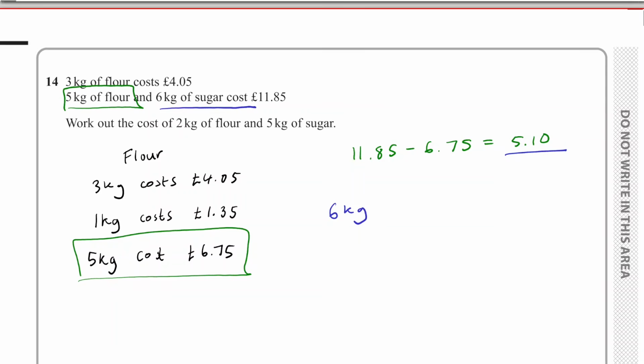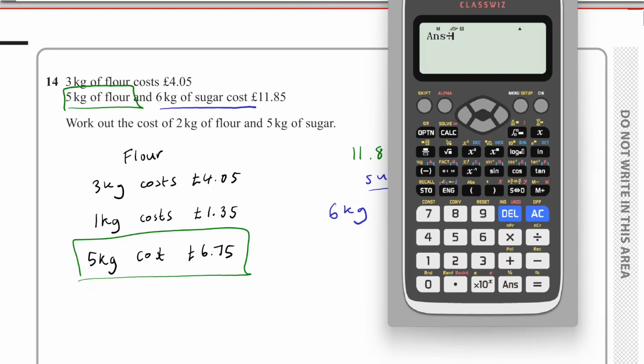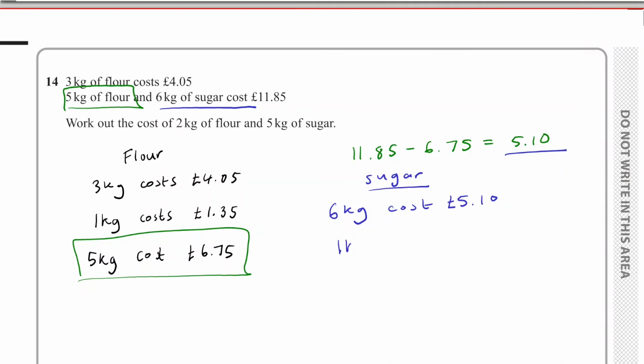So 6 kilograms of sugar costs £5.10. So divide by 6 this time to find 1 kilogram, and that's 85p.